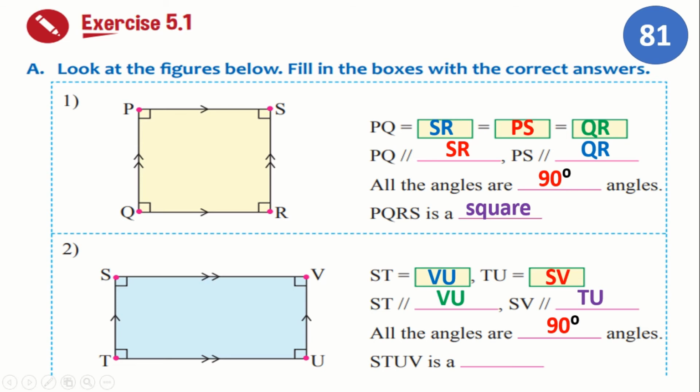Two sides are the same and the other two are the same. STUV is a rectangle. Correct, students?